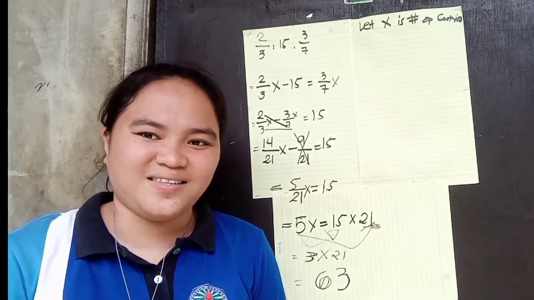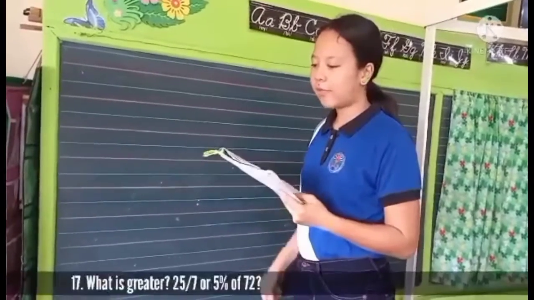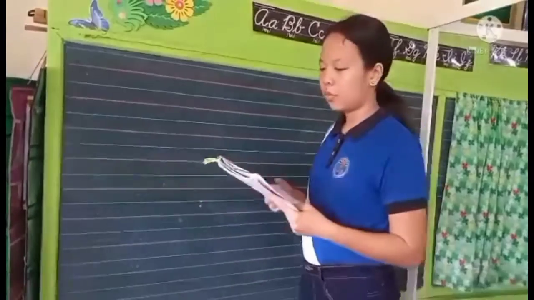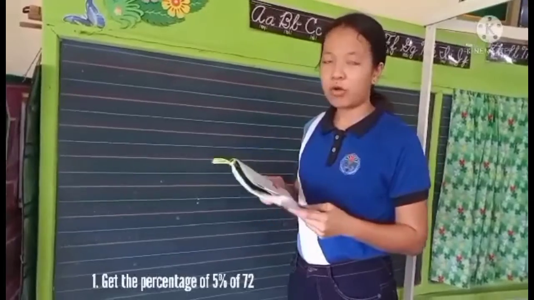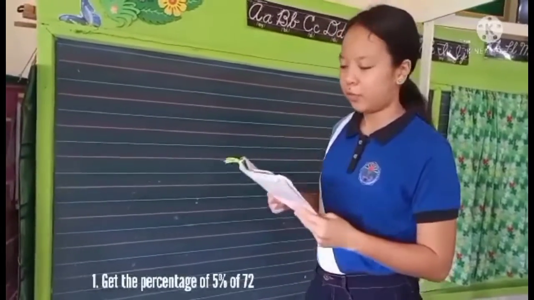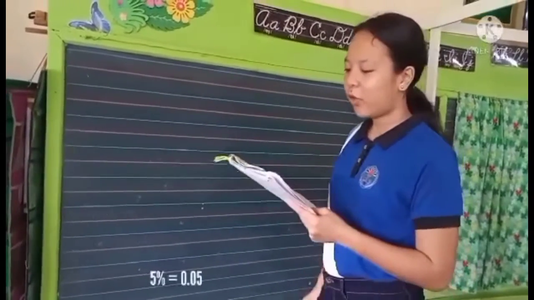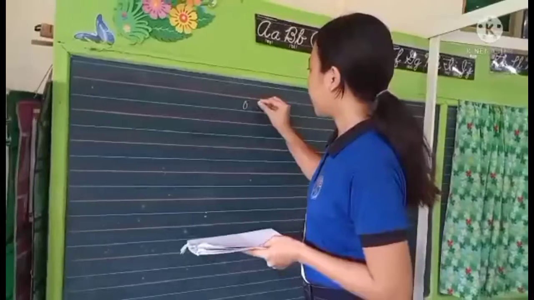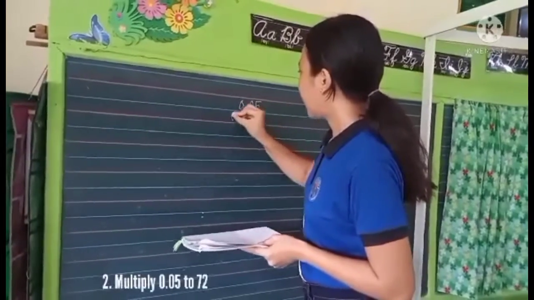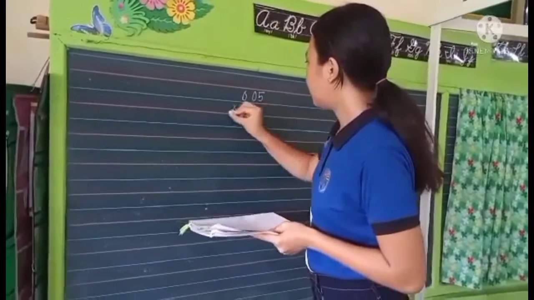And that's all. What is the greater, 25 over 7 or 5% of 72? First, let's get the percentage of 5% of 72. 5% is equivalent to 0.05. 0.05 times 72 is equal.